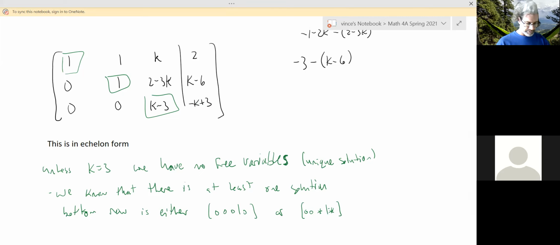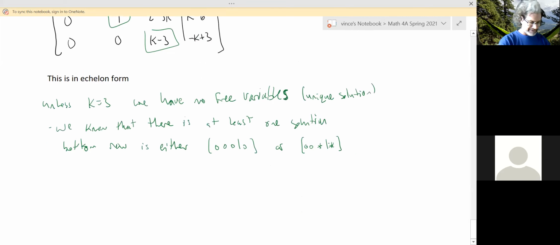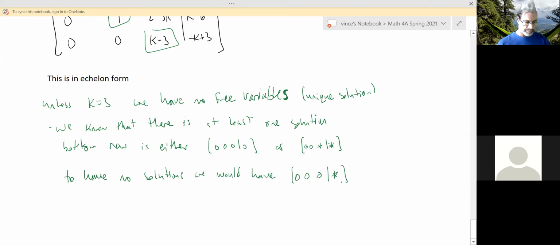All right. In order for it to be inconsistent, to have no solutions, we'd have something like 0, 0, 0, and then a non-zero thing for that bottom row. That doesn't happen here. Okay. So as far as being an inconsistent system, it's not going to happen in this case. All right.